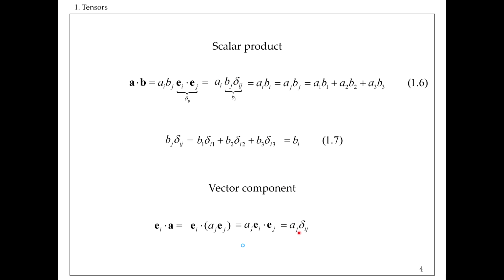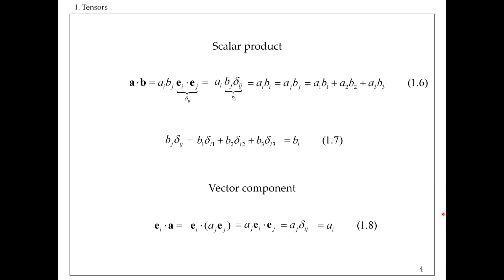When you see the indexes repeat, what delta does, as we've seen in this example, is that because of its structure, we can just replace the index with the free one, and so the result will be A1. This is of course a trivial result, but if you wanted to know the components of that vector, that's how you would do it properly. You calculate the projections, and you obtain the components that we started with.